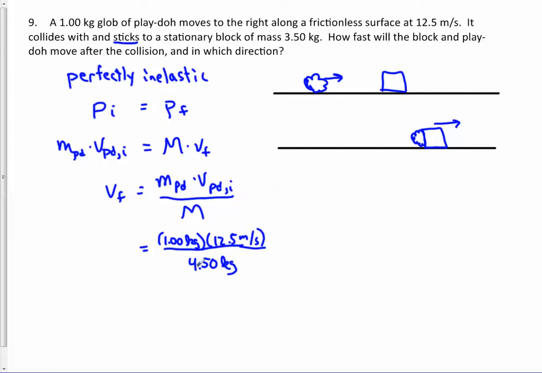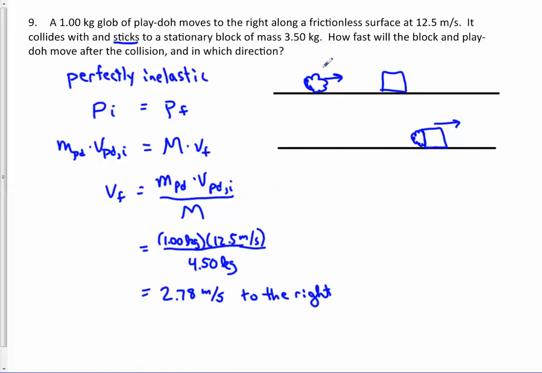And notice I'm putting in the 4.50 kilograms, because it's 1.00 plus 3.50. That's the total mass of this combined object. And that ends up giving us a positive 2.78, and that's meters per second. And the fact that it's positive does mean that it's going to the right, as expected. So it'll be going 2.78 meters per second to the right.